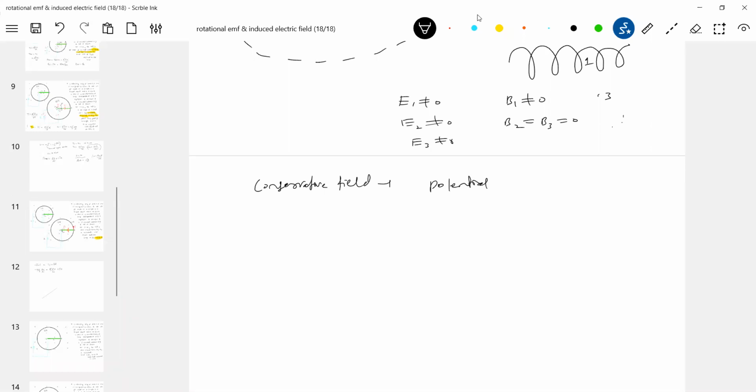Electric potential is defined. For a non-conservative field, potential is not defined. A positive charge set free to move will move from higher to lower potential only.